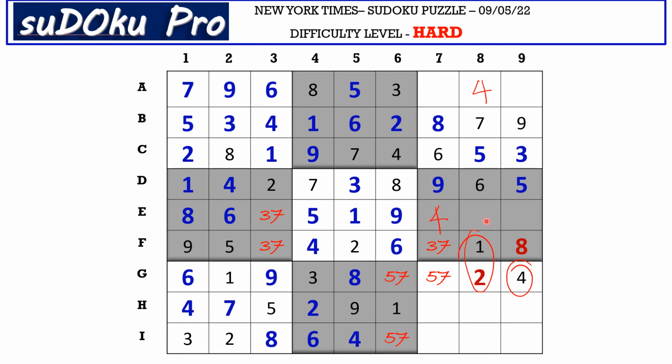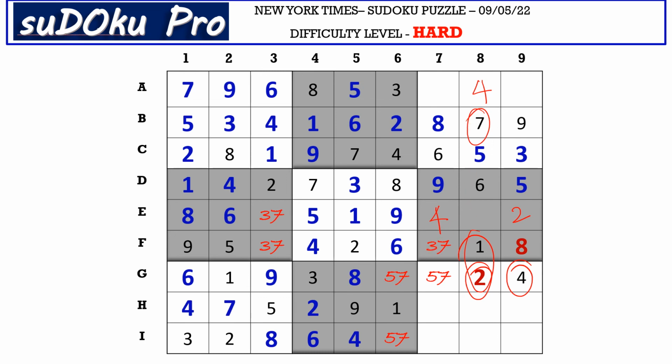Now the missing numbers in this block are 2, 3 and 7. This 2 blocks here. So 2 goes here in E9. Now there is a 7 here which blocks here, so 7 goes here in F7.